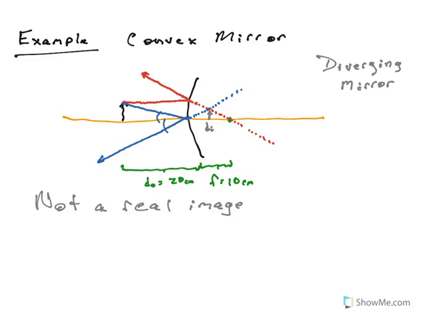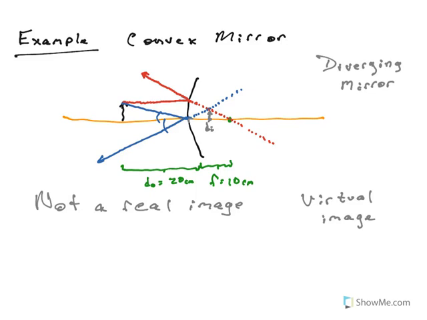Obviously, this is not a real image because no light is on that side of the mirror. However, this is called a virtual image. Okay, that's fine. So we have a virtual image. Where is it located? I get my little ruler out. I measure that distance. It looks like it's about 5 centimeters away if the original focal point was 10.